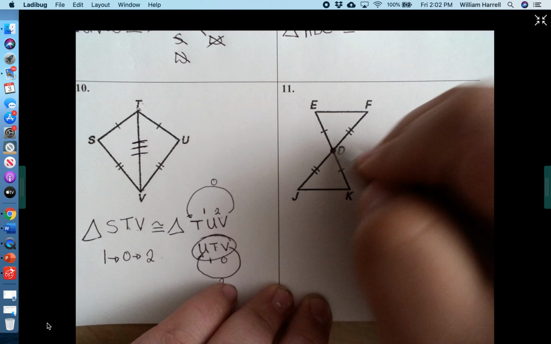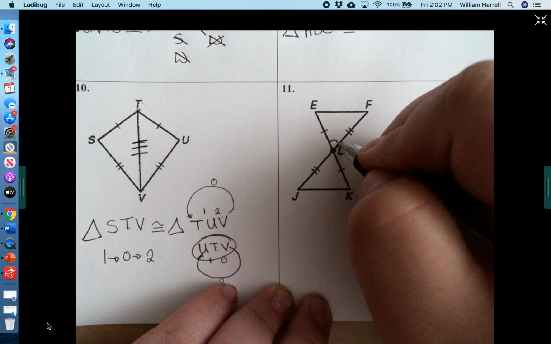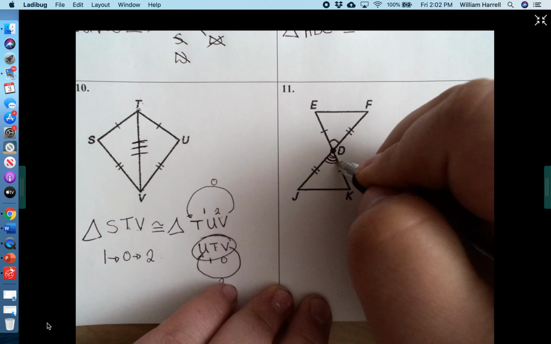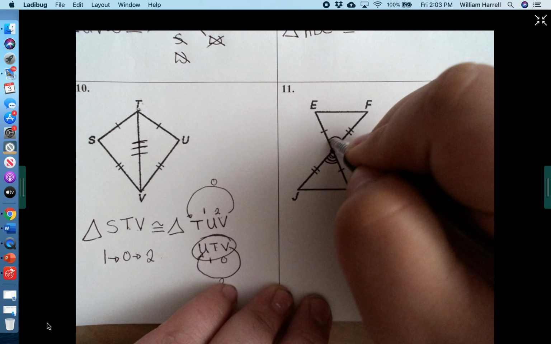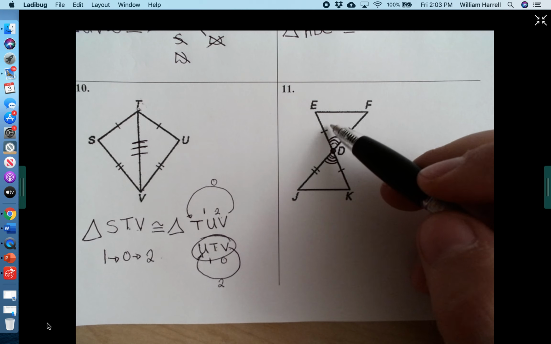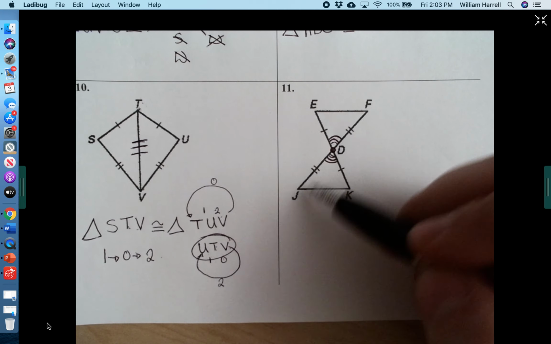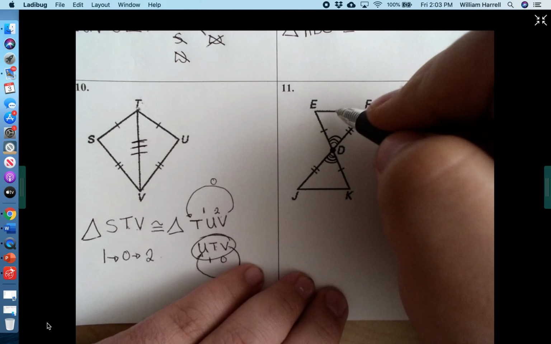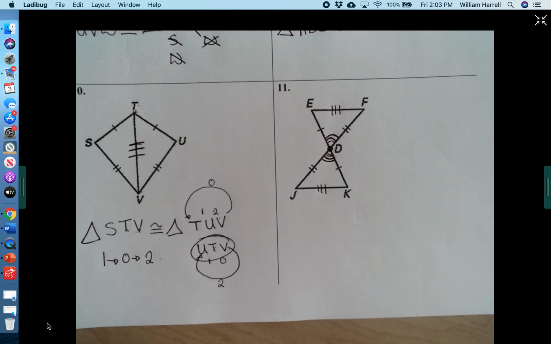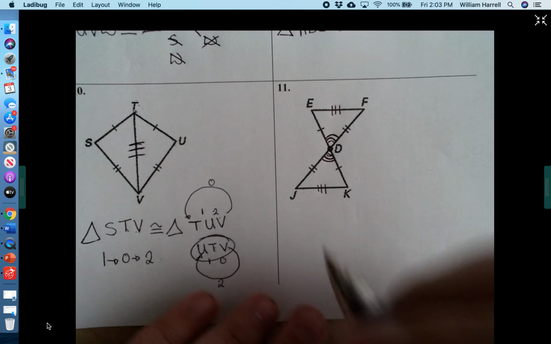If triangles touch at one point, you're going to have vertical angles. If you notice, I put 3 arcs here because I already have 1 mark and 2 marks on my sides. So I'm just going to put 3 arcs, and that lets me go 3 marks here, 3 marks here. There's no rule about how many marks you have to use, but I just like to use the different amounts that haven't already been used.